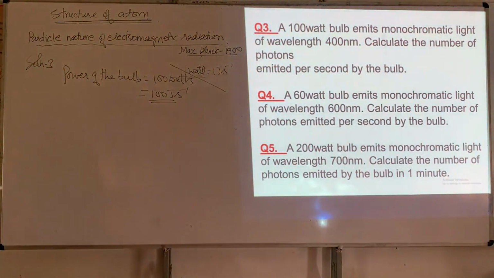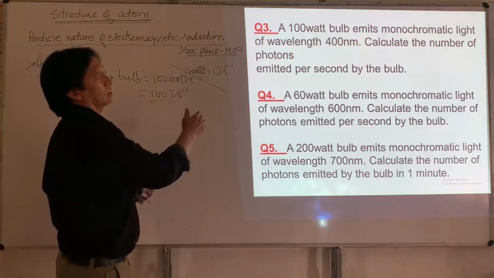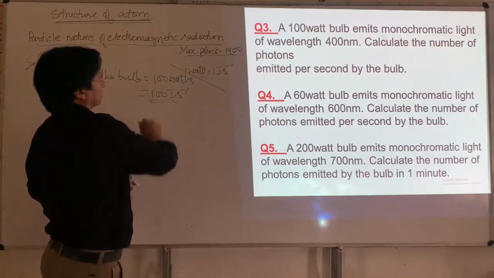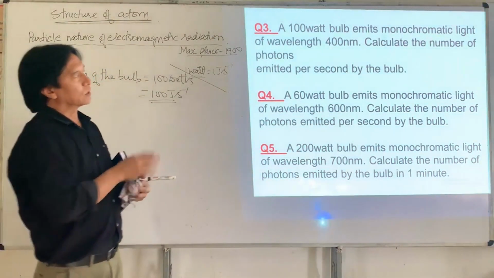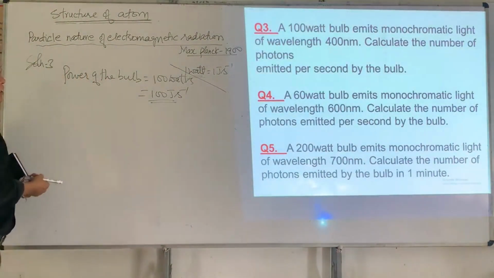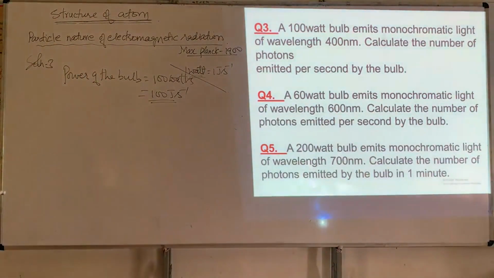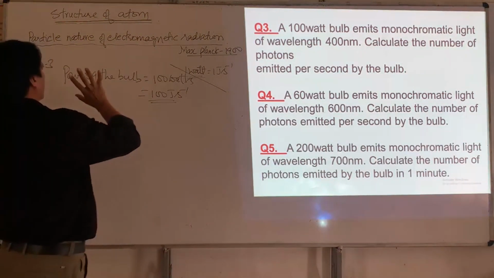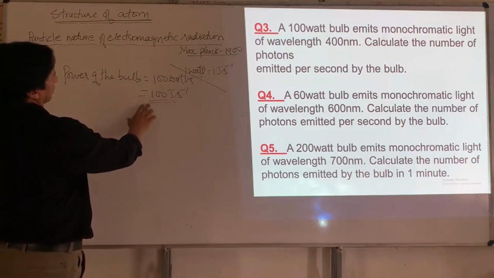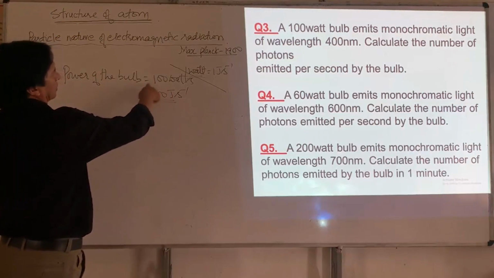Now you're asked to calculate the number of photons emitted in 1 second when the bulb gives out 100 joules of energy. This is what you require to find. So now let's see, to find the number of photons here, you are given the energy that's given out. It is 100 joules, right?